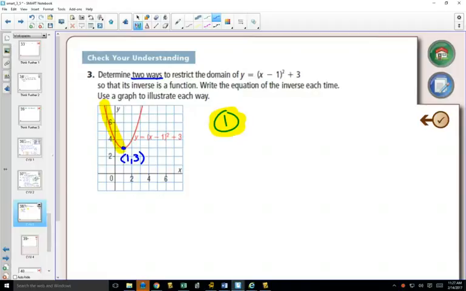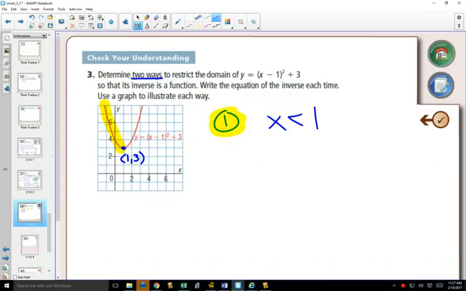So if I just looked at the yellow part, I'm just looking at the values where x is less than 1. And if x is less than 1, that's just the yellow part of my graph, and it would pass the vertical line test. We're going to look at finding the equation of the inverse for this half.